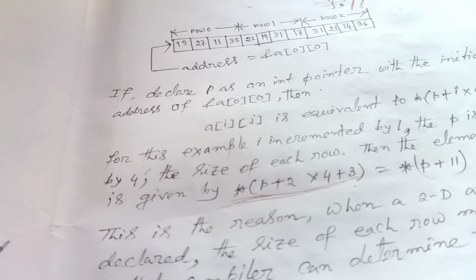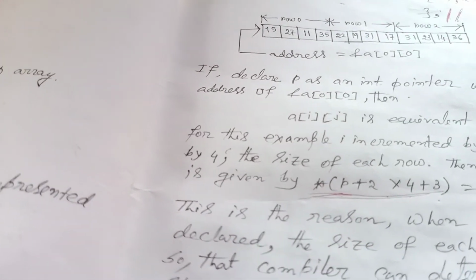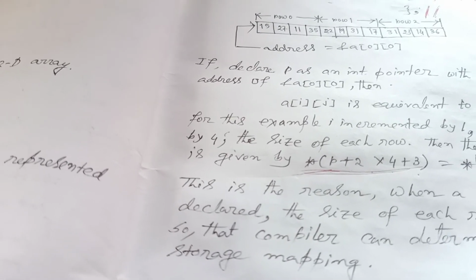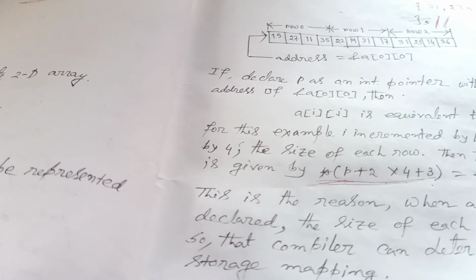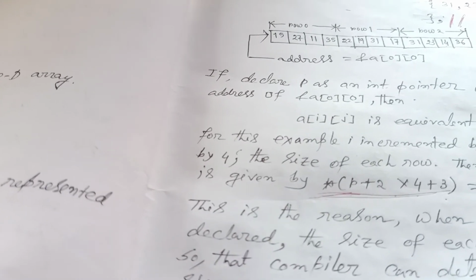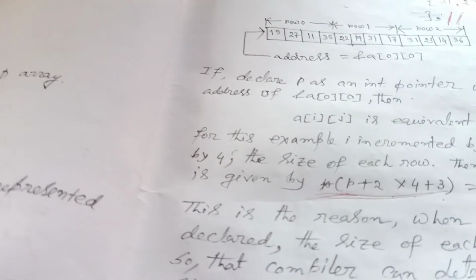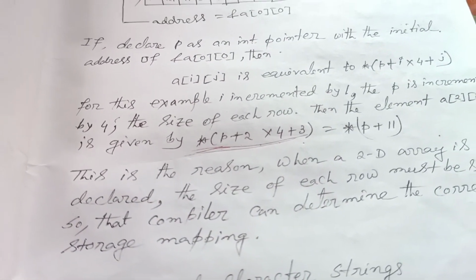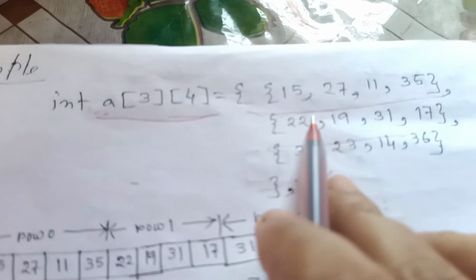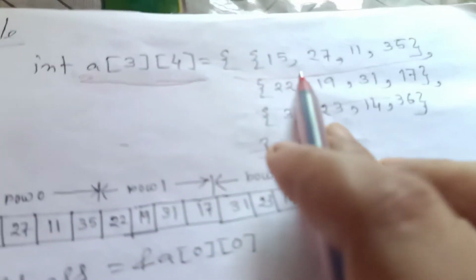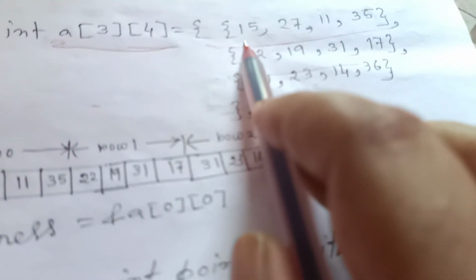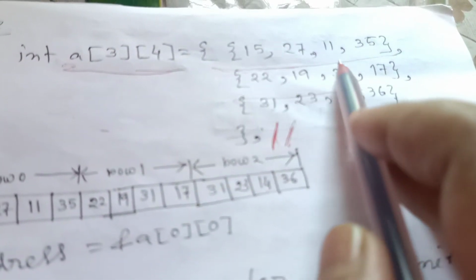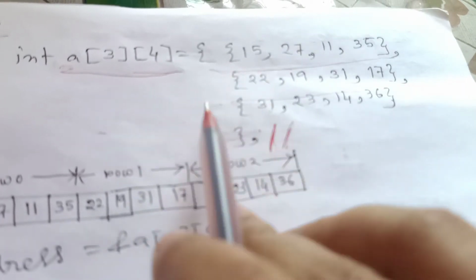That means after the fourth variable, the address of that ith row and jth column, the pointer is able to take the address value. That's why into 4. Here in the declaration part, we can see that there are four elements in one row.